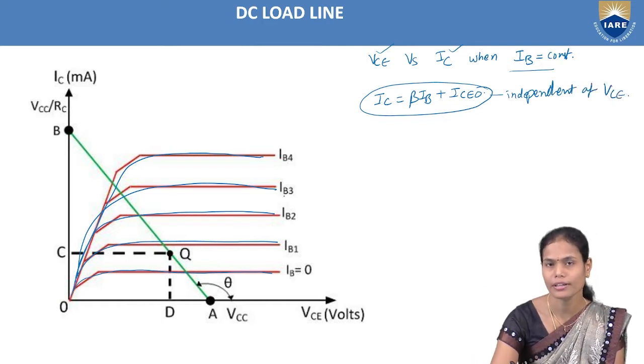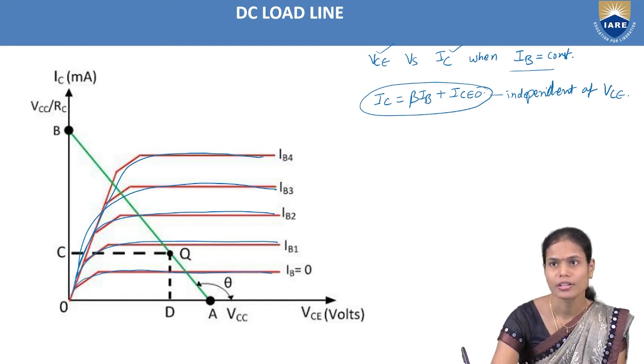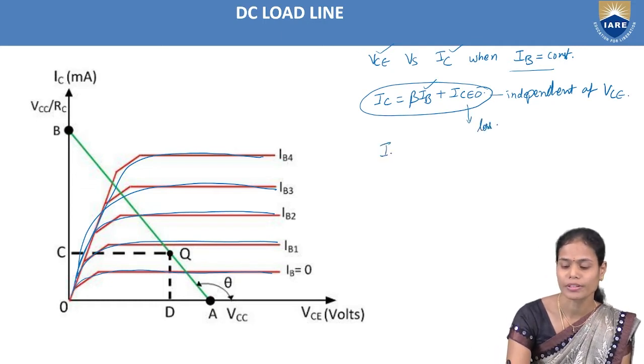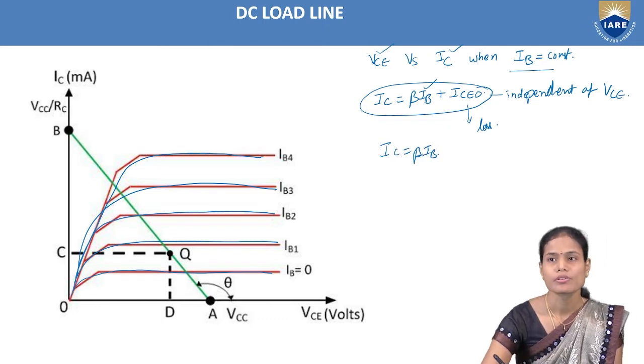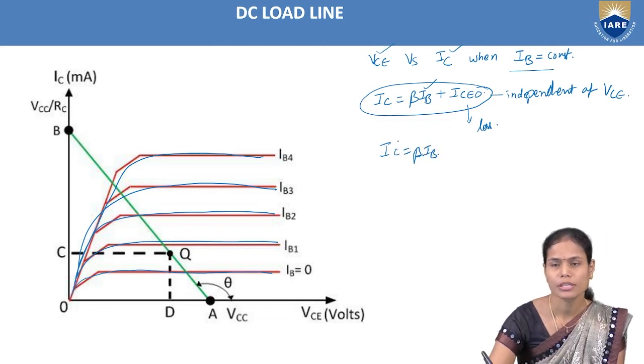That is nothing but the output current is independent of VCE here. So this depends upon the base current only. Why? Because this ICEO value is very small, so we can neglect this value. So IC equal to beta IB. Once the IB value is increasing, obviously the IC value will also increase here.